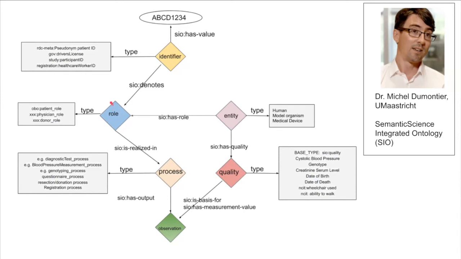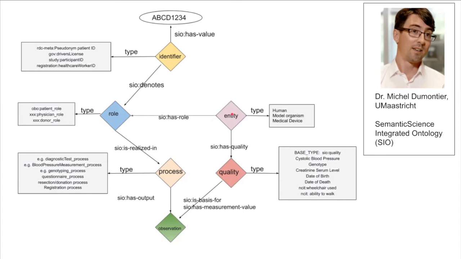The role of a patient is realized in some kind of medical process. The role of a driver is realized in the process of driving. So I have a role which is realized in a particular process, for example, blood pressure measurements, genotyping, questionnaire answering, a registration, donation. These are all kinds of processes, and those processes have a particular output or an observation or a measurement.